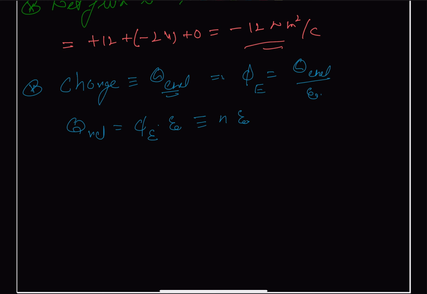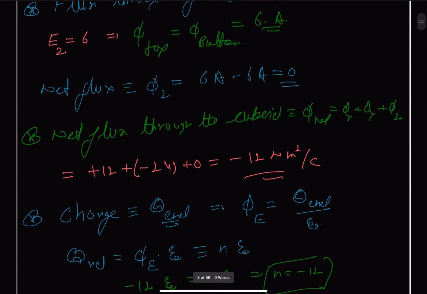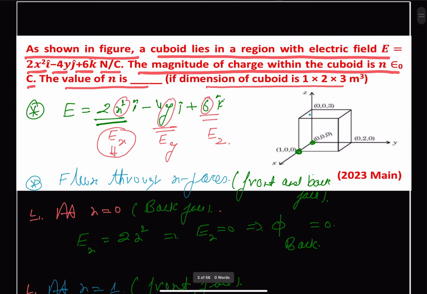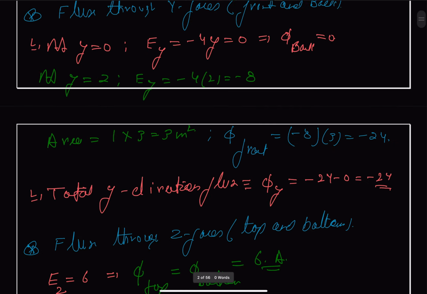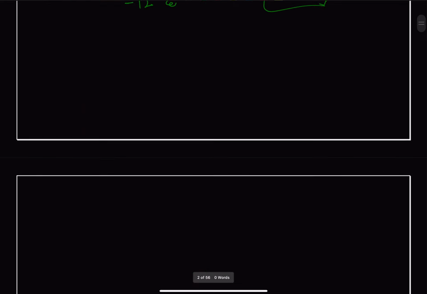We substitute, and we get minus 12 epsilon naught is equal to n times epsilon naught, giving us the value of n equal to minus 12. This is our answer, minus 12. Next question.